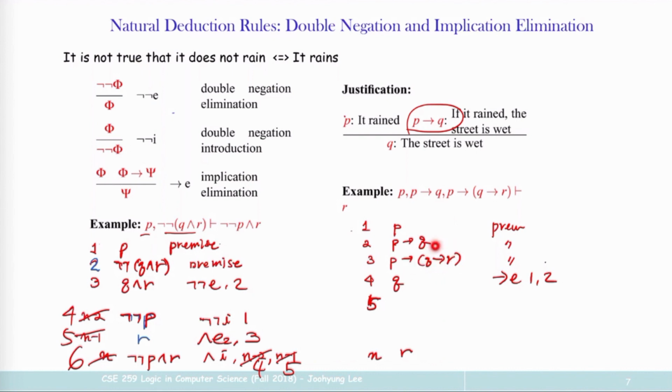Whatever that is, this is a formula. No matter how complex it is, it's just phi implies psi. So this is the psi. So we derive psi, which is Q implies R, by implication elimination for lines 1 and 3. Are we together here? From lines 1 and 2, you can derive Q. Lines 1 and 3, you can derive Q implies R.